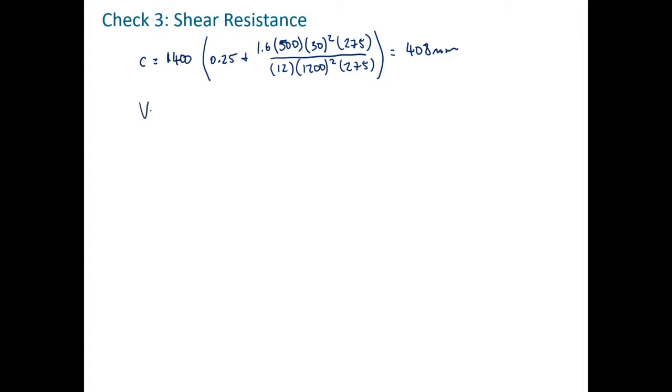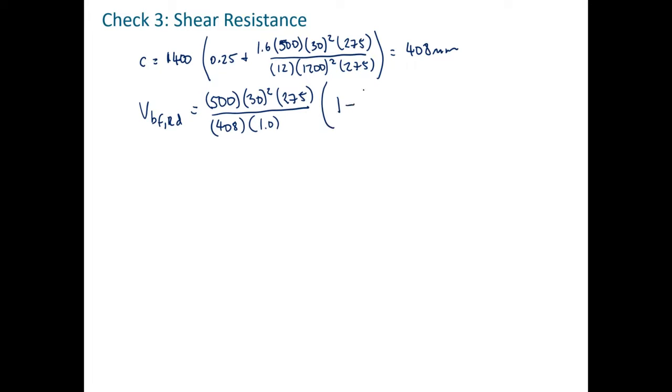So then we can substitute that in for the shear buckling resistance of the flange, which is b_f, so that's 500, times t_f squared, this is 30 mil squared, times the yield strength of the flange, 275 newtons per millimeter squared, all divided by c, which is 408, times gamma M1, which is just equal to 1.